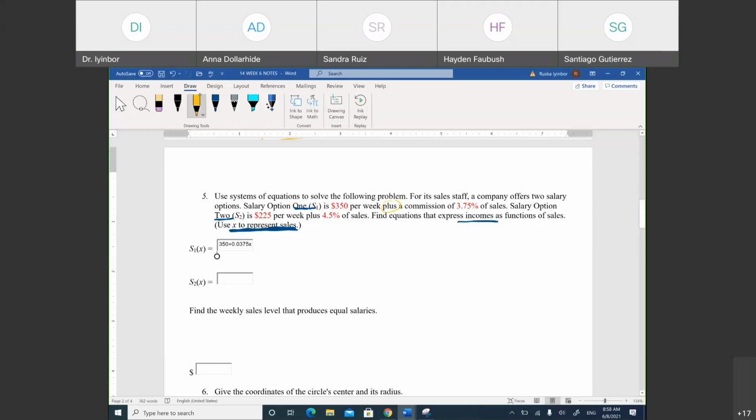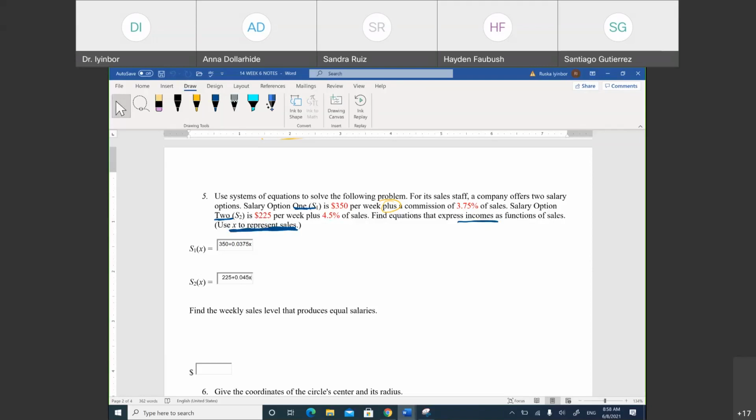And then the second equation is going to be the same way. The equation of your paycheck is going to be 225 plus, then you change 4.5% to a decimal, 0.045, multiplied by x, right?